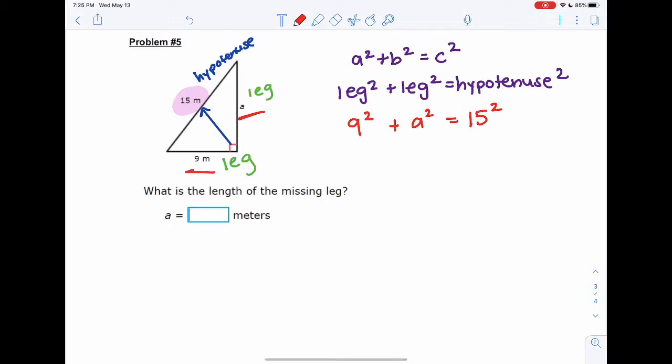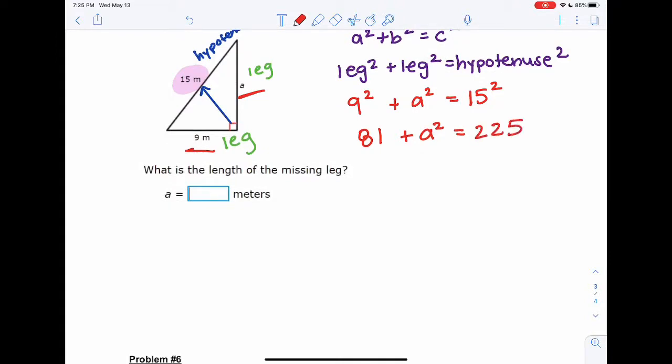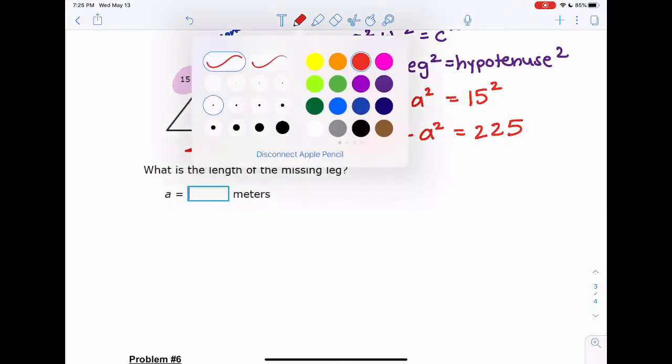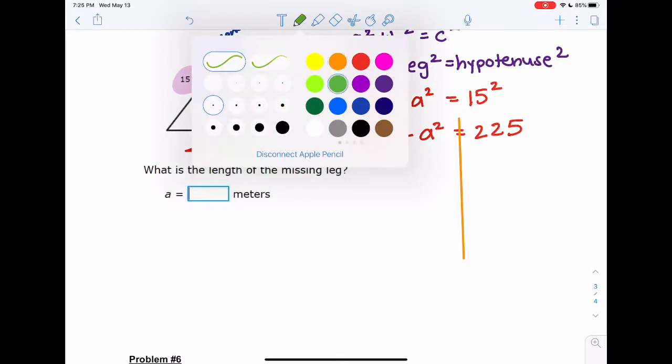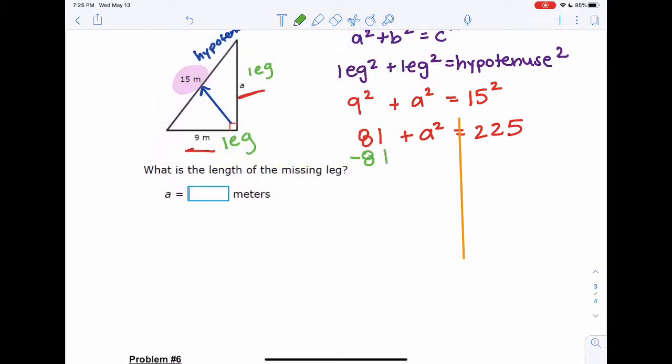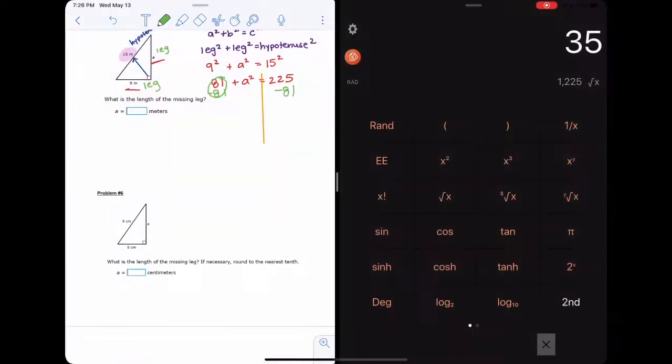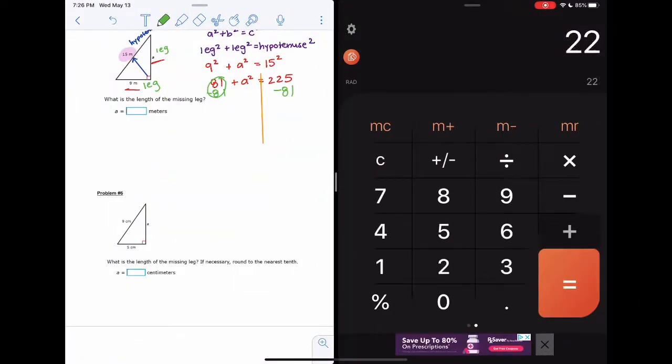Okay, so now 9 times 9 is 81 plus a squared equals 15 times 15 is 225. And now I need to get the a by itself. So in order to get my a squared by itself, what do I need to do first? Hopefully you said I need to subtract both sides by 81. 81 minus 81 is 0. 225 minus 81, I can't do that on top of my head, so I'm going to go ahead and use a calculator.